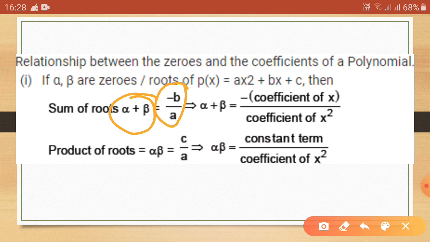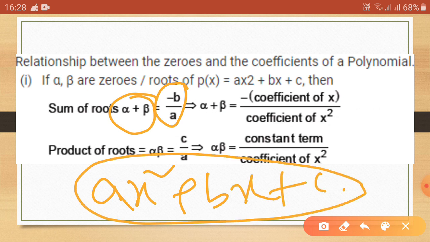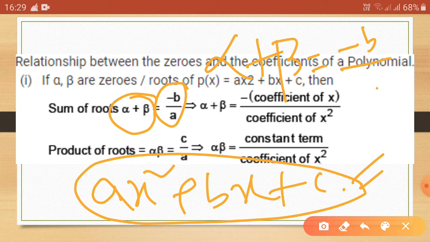Okay, so the expression was ax square plus bx plus c. In this expression, if alpha and beta are the zeros, then you can write that the sum of zeros, that means alpha plus beta, will be minus b by a. Here b is the coefficient of x. We know what a coefficient is: the number that resides before the variable.